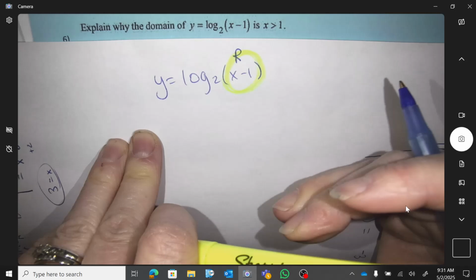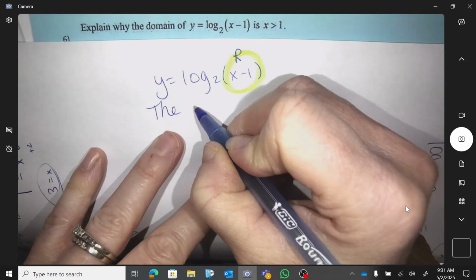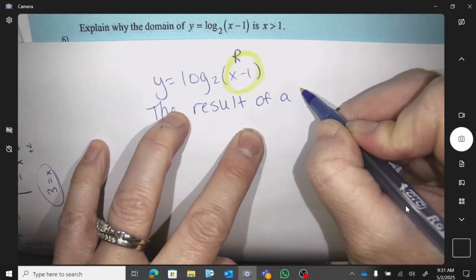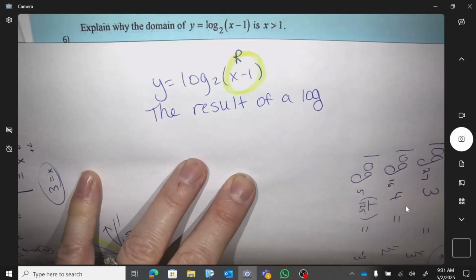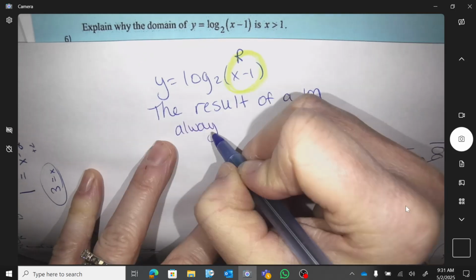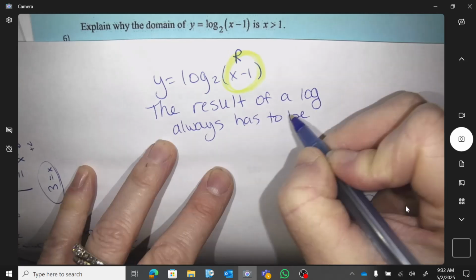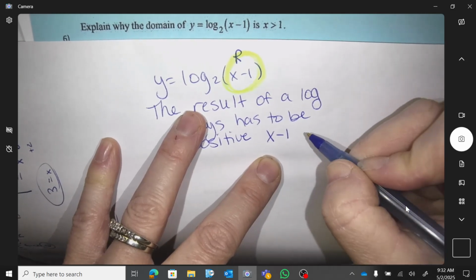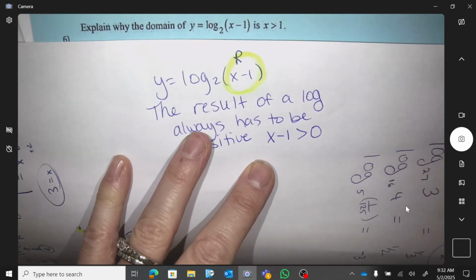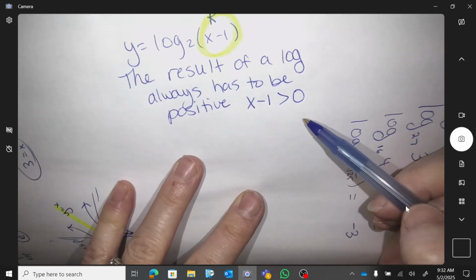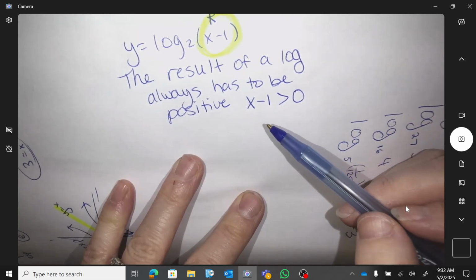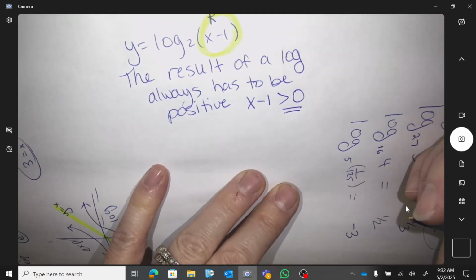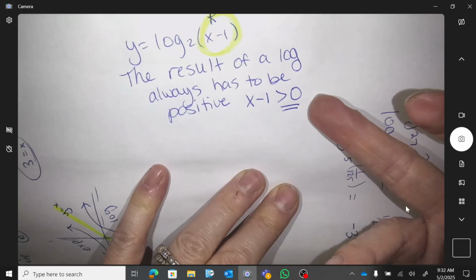Positive. So I would have to write a sentence. The result of a logarithmic expression always has to be positive, so therefore x subtract 1 has to be, mathematically, how do you write positive? Greater than 0.